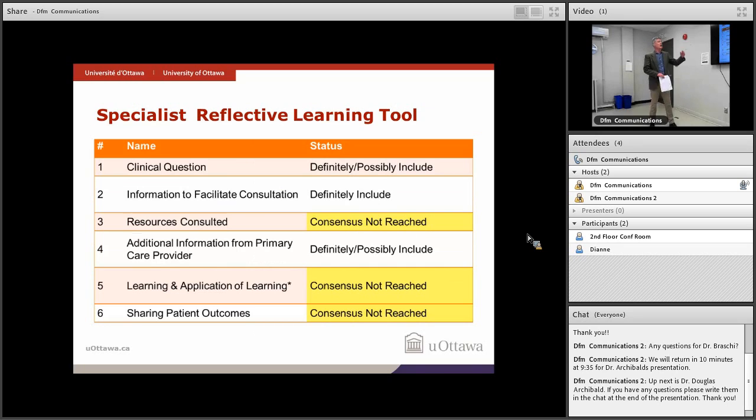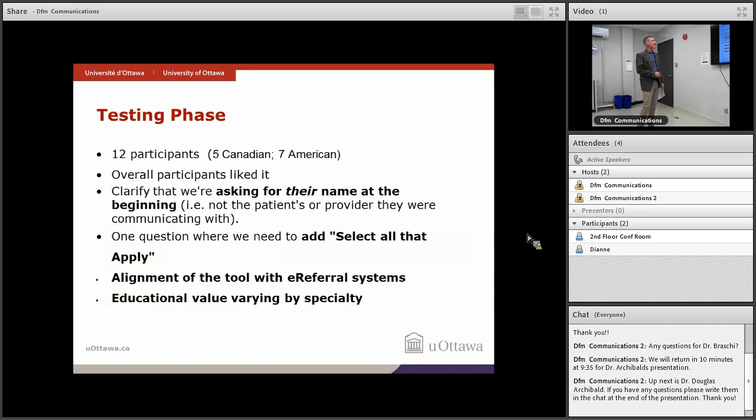But again, there were items that did not get consensus, and some of them, like sharing the patient outcomes, I think was just a matter of having to clarify the question that was being asked. So again, it was revisiting the tool, not necessarily the process.